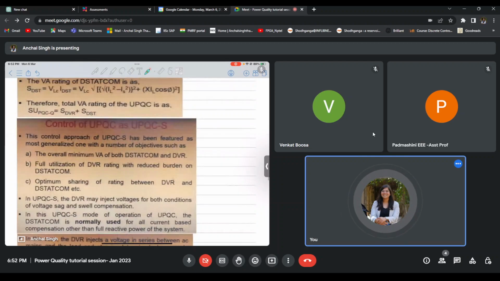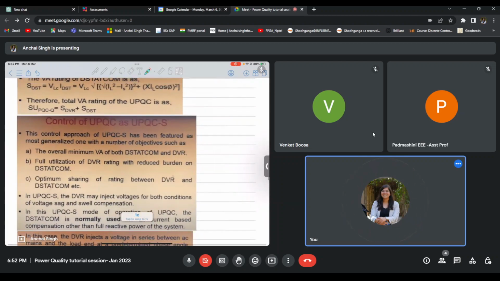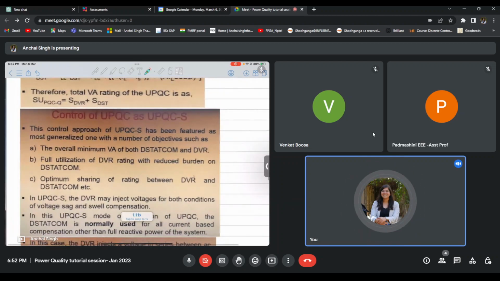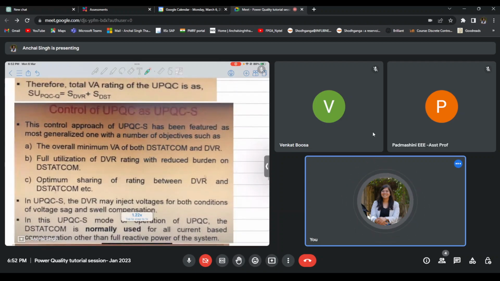Now let us look at the design of UPQC-S. UPQC-S, we have seen, has been featured as the most generalized one. As I mentioned, it is the most generalized because here the voltage vector can be added at any angle, and it can fulfill a number of objectives. Few of them: the overall minimum VA of both D-STATCOM and DVR is least.